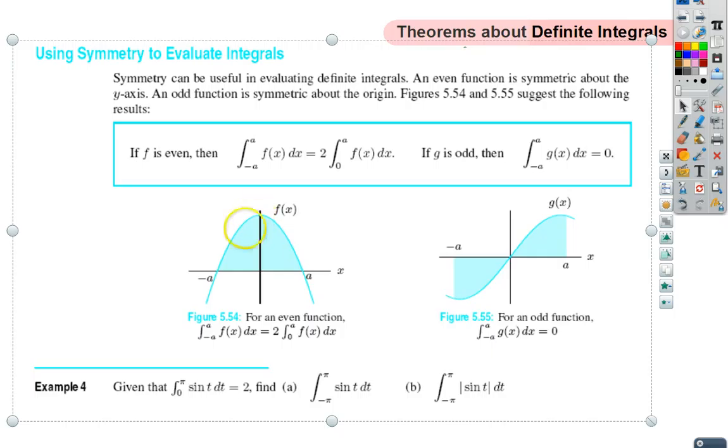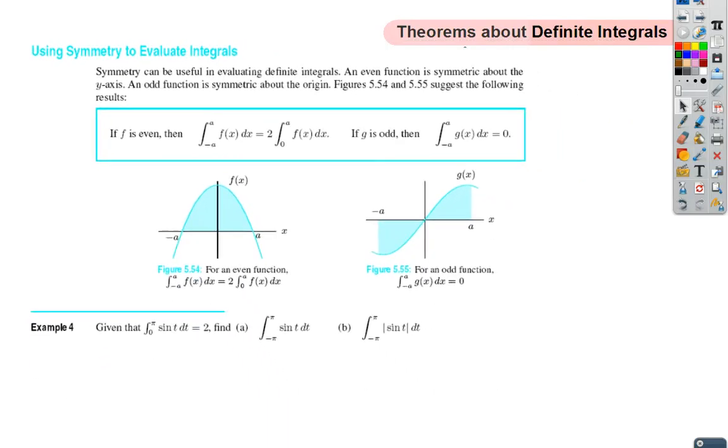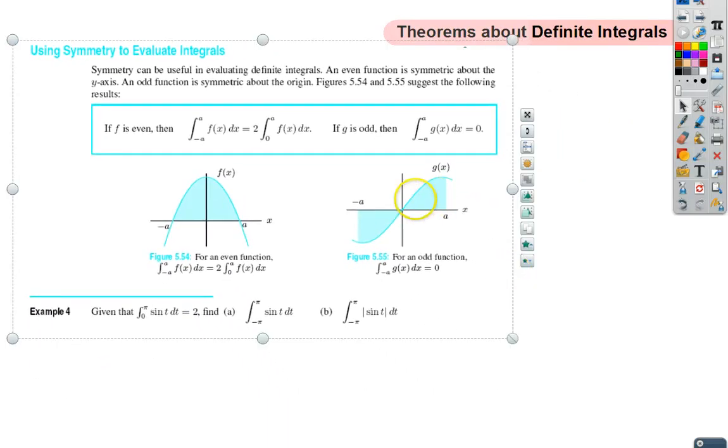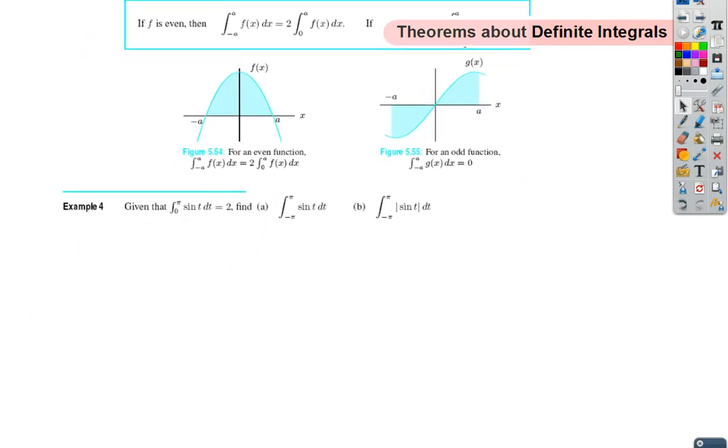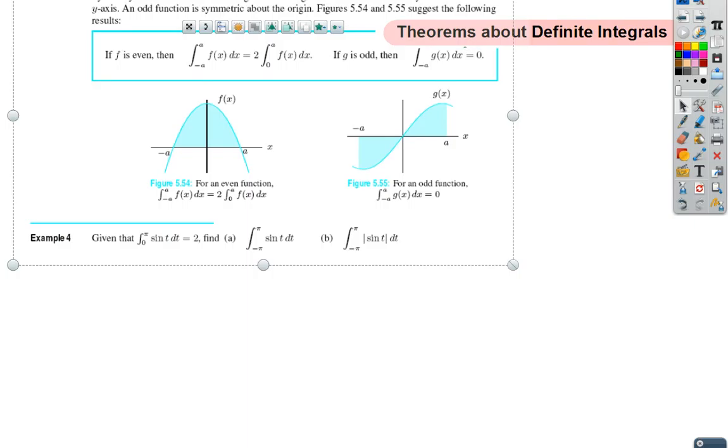So whatever the integral for this whole thing is, it's twice the integral from 0 to a. And vice versa, if it's an odd function, then going from -a to a, it will always be 0.